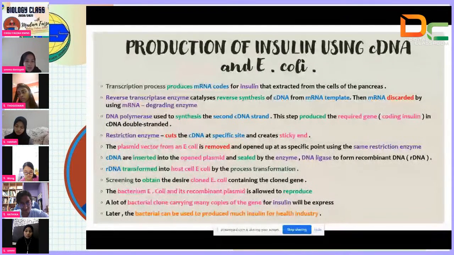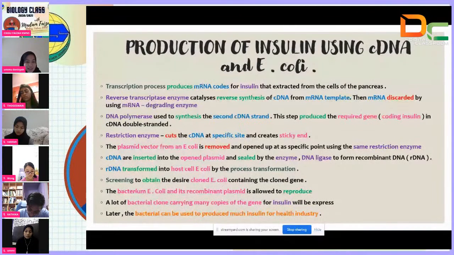And then the rDNA will be transformed into host cell E. coli by the process of transformation, and then screening to obtain cloned E. coli. Then the E. coli and recombinant plasmid are allowed to reproduce. Then a lot of bacteria clones carry many copies of the gene for insulin. Then the bacteria can be used to produce much insulin for the health industry.